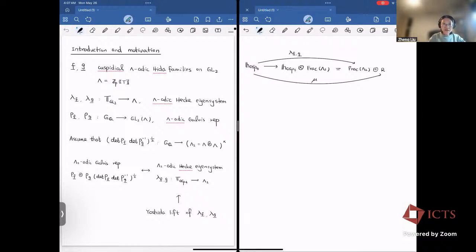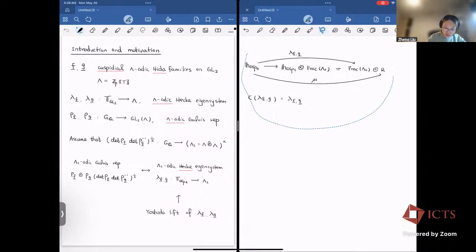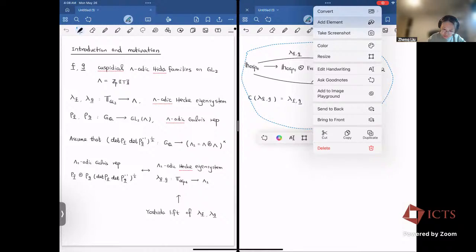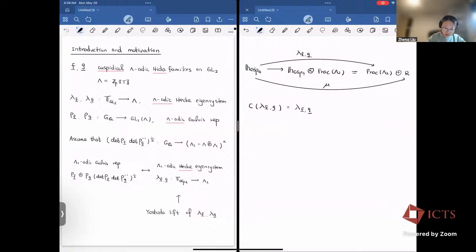And I will define the congruence ideal as the following. So I have this to be the image of this. Is this good?